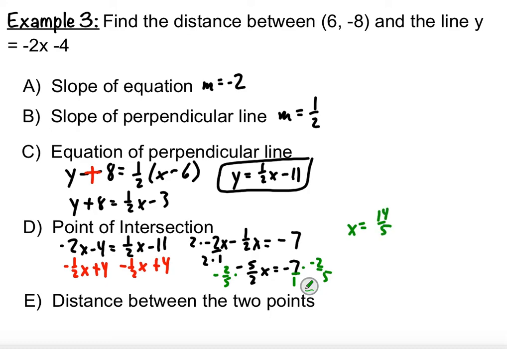Go ahead and take 14/5 and plug it into one of those equations. It's up to you which one you want to use. I'm just going to put it in the first one. So I multiply my numerators and multiply my denominators, so I get -28/5 minus 4.